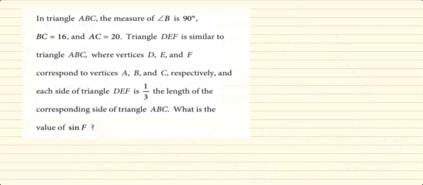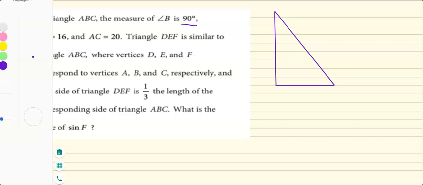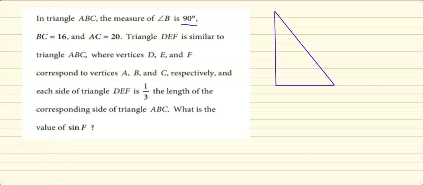Okay, the next problem. This time they don't tell you that you have a right triangle, but they tell you that one of the angles is 90. So that means we do have a right triangle. If angle B is the one that's 90 degrees, that means A and C are going to go here.